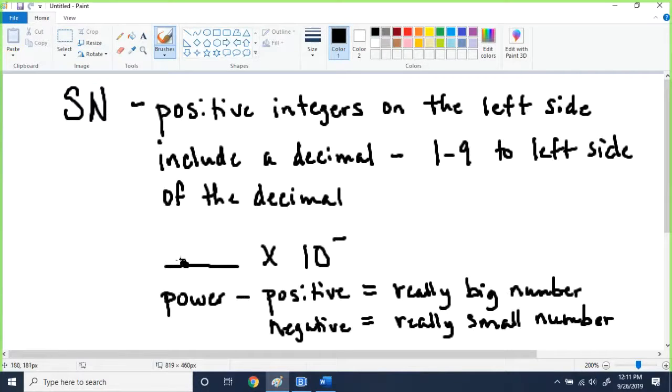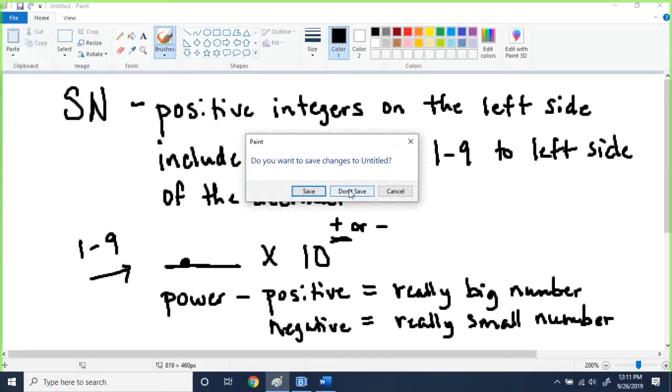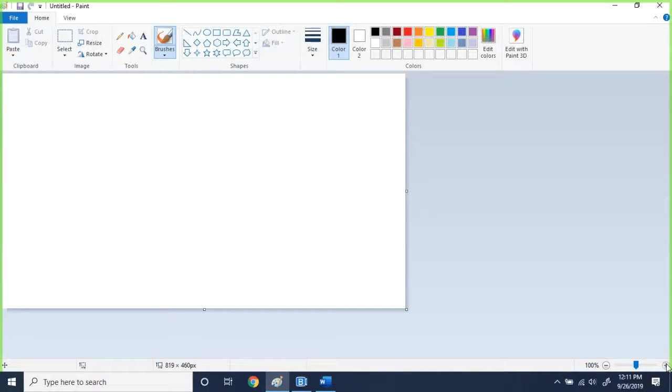So again, you're going to have the positive integers you wrote out here, a decimal, the number to the left of it between 1 and 9, times 10 to a power. It could be a positive or a negative power. Okay, so let's look at some examples and talk about it as we go.